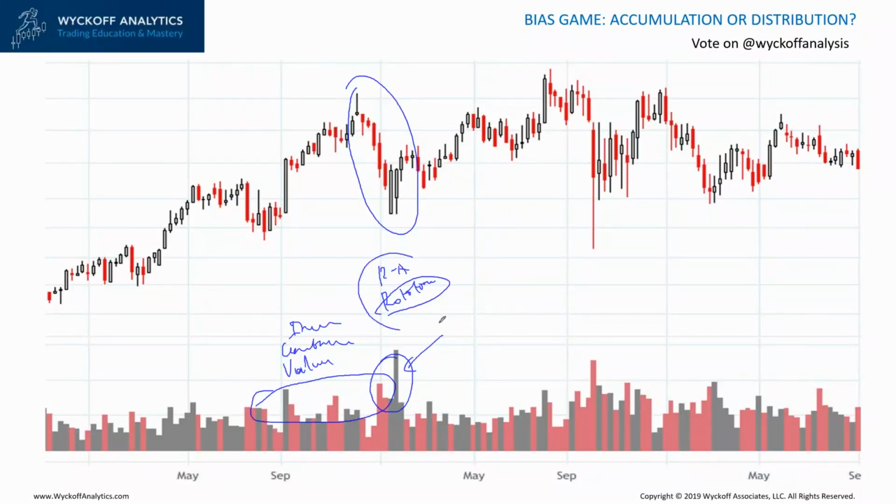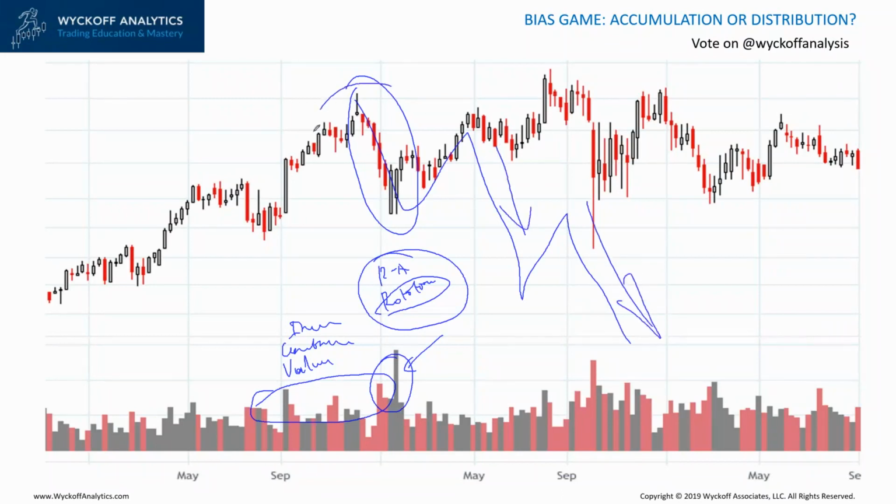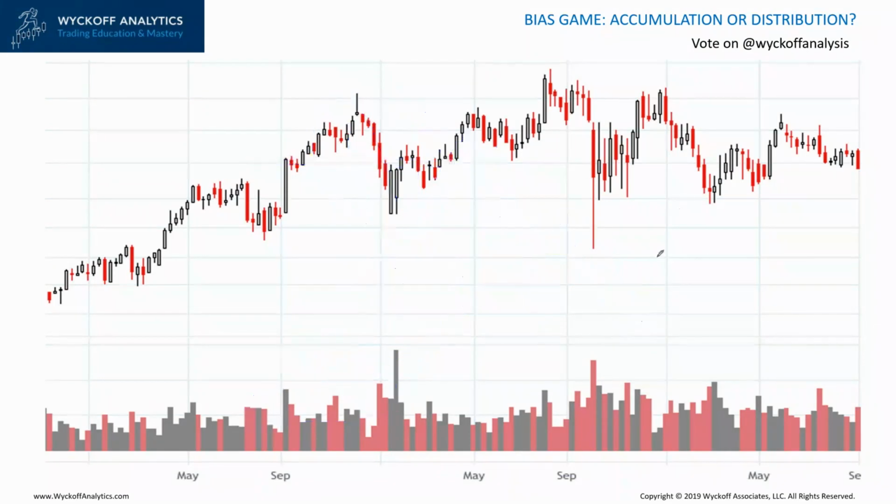So that rotational exchange of shares between institutions should not produce a lot of movement to the downside, because when the price moves to the downside, that's when we know that there is selling. Here we're seeing selling, and then the price stabilized and stays kind of in the same range. So what happens next?